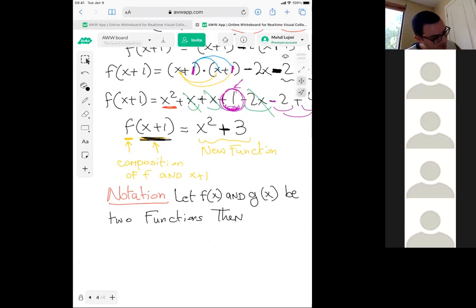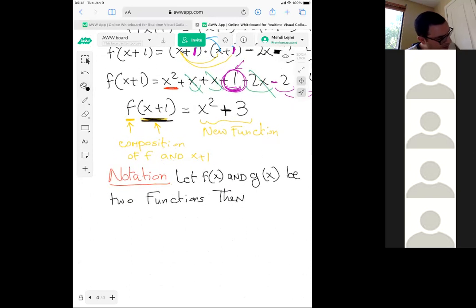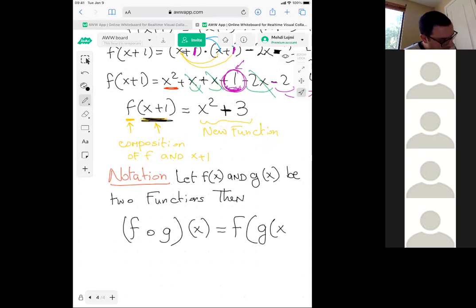f composed with g. This is the notation for composition. This empty circle is the symbol for composition. So f composed with g of x is f of g of x.